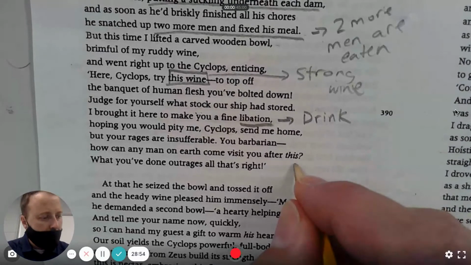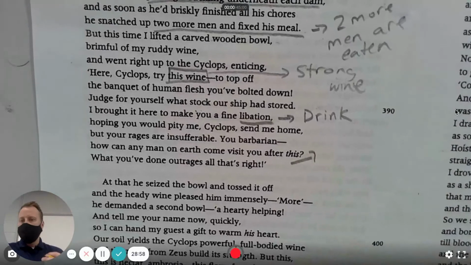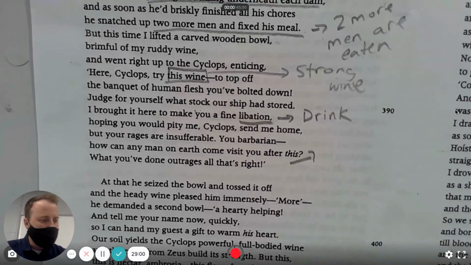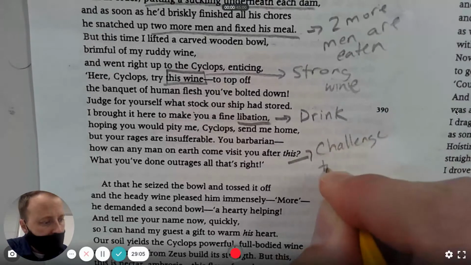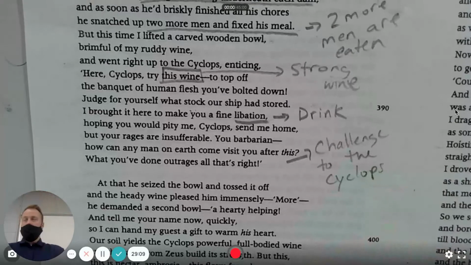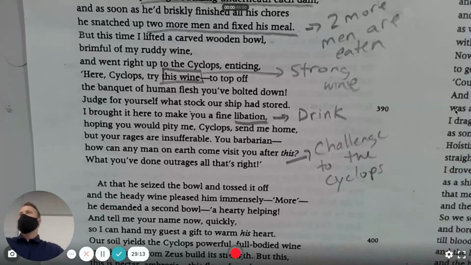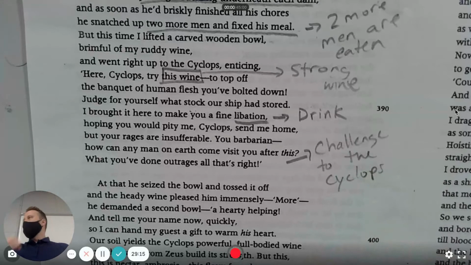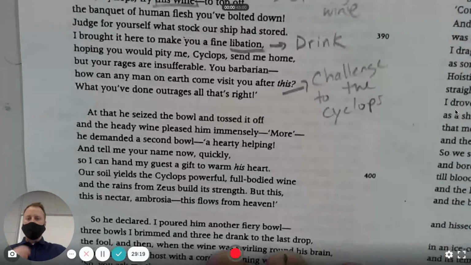So he's almost kind of like challenging the Cyclops. So a challenge to the Cyclops. Because he's saying, at least take my gift. Like, I come to you trying to give you a gift, and you kill my men, and you eat them. At least take my gift. Okay, so it challenges the Cyclops to take his gift.